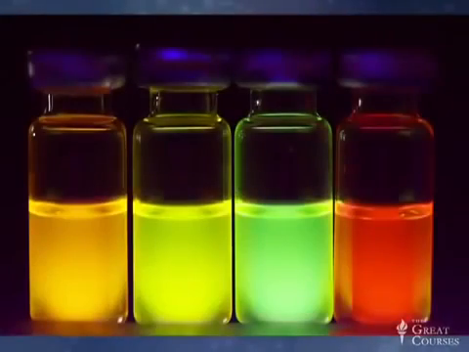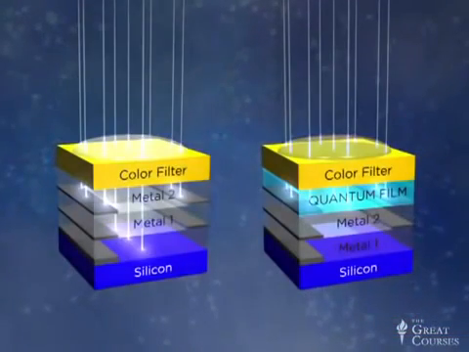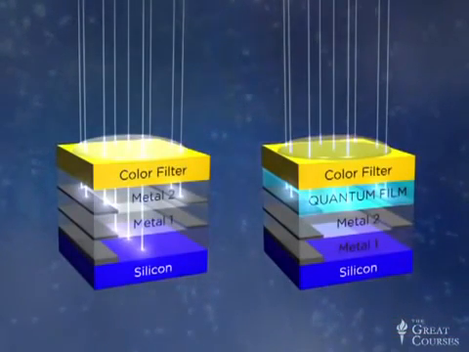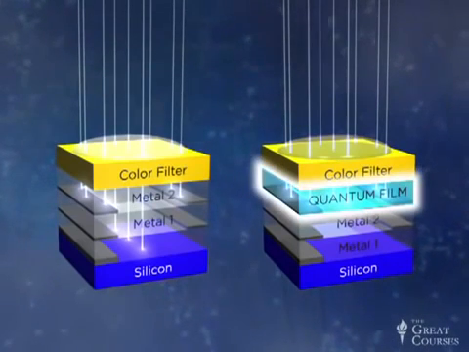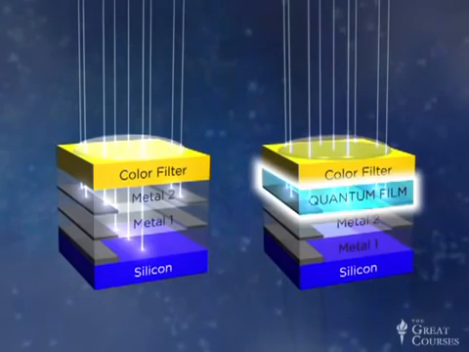Now these particles are semiconductor particles, synthesized and dispersed in solution, just like a paint. And you can coat them onto a silicon wafer, and you can coat them on the very top.